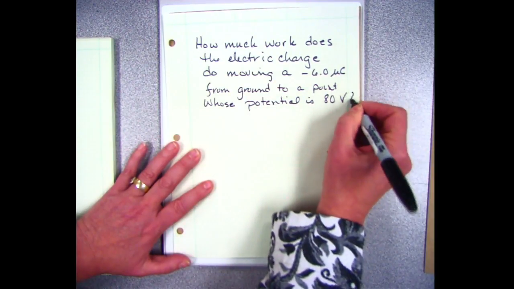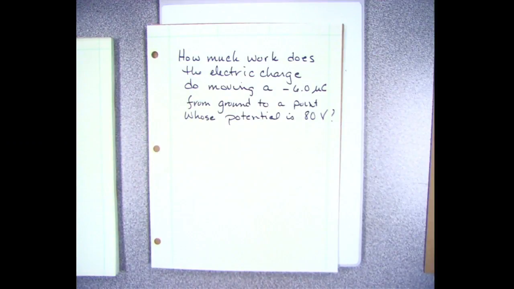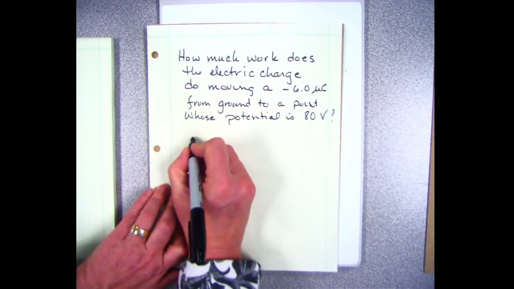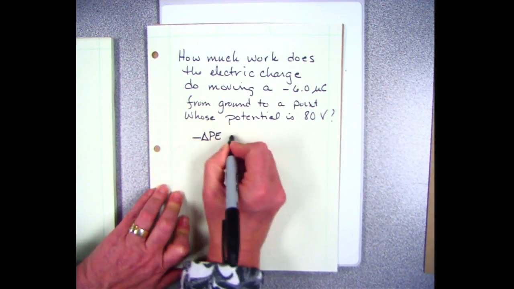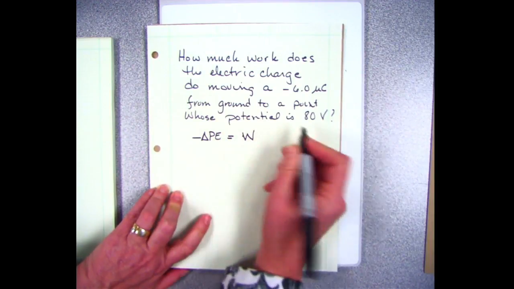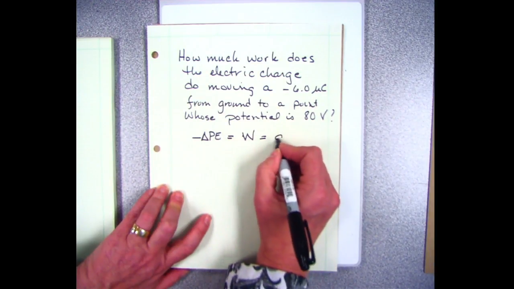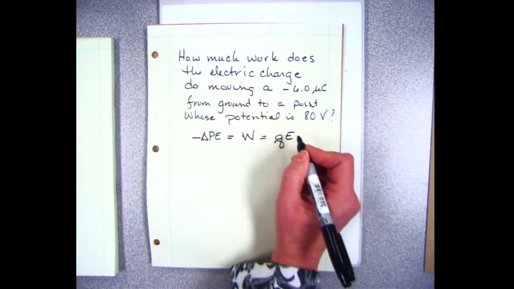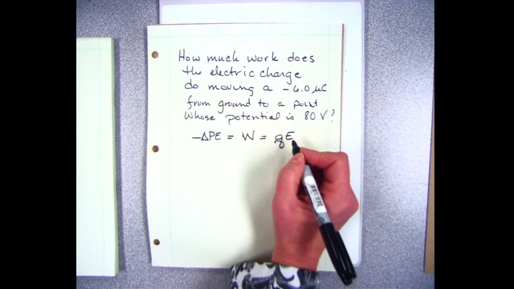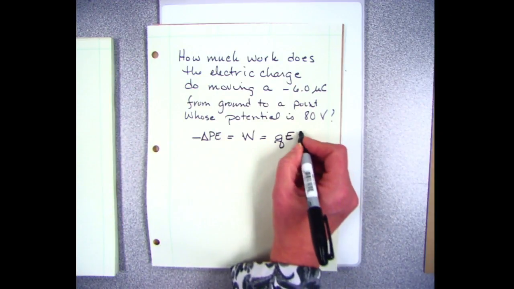And we're actually going to do the calculation associated with work. Remember, my work is going to equal my negative change in potential energy, and we said that the change in potential energy is QEd, the force times the distance.